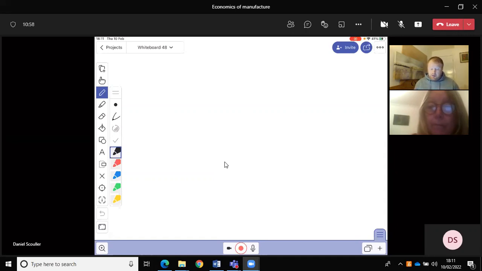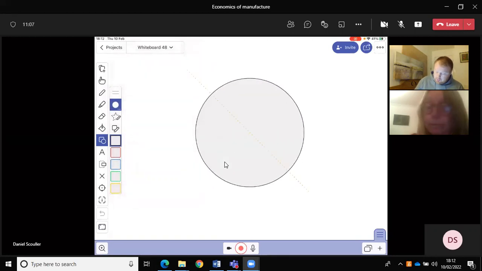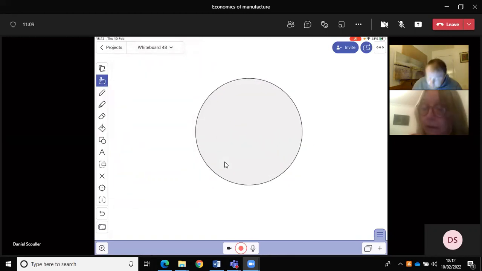There's a few more type questions that can come up with circles, and triangles. Love a circle and a triangle. So chord, what was really important about the chord is that it did not go through the centre of the circle.